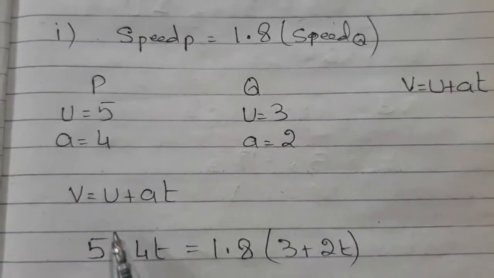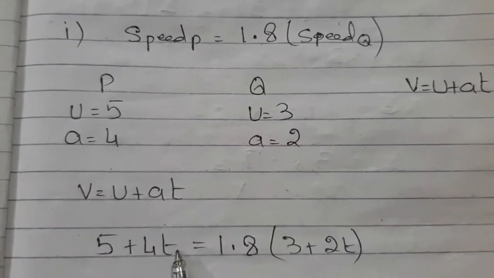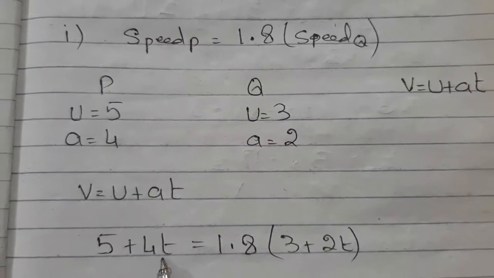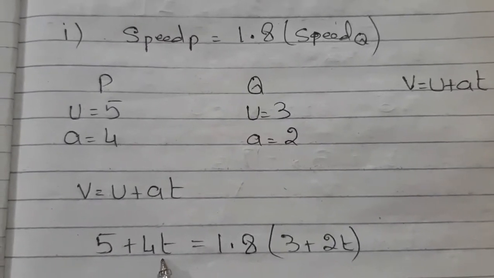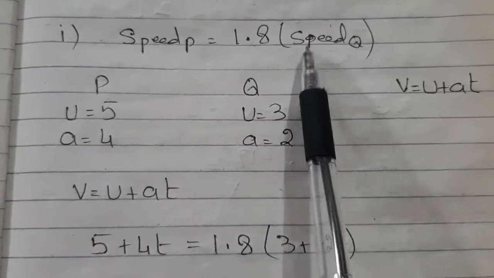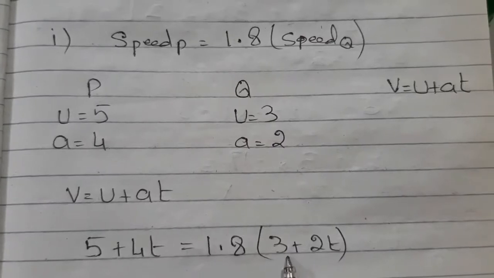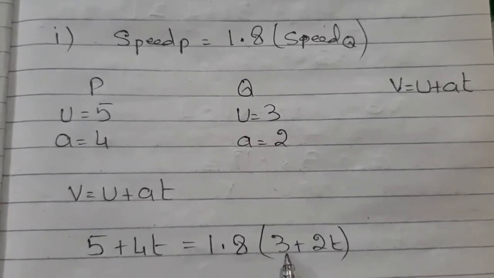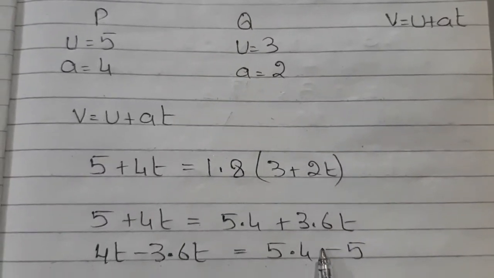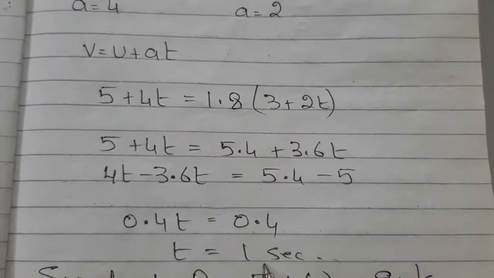For P, my u is 5, a is 4, and t I have to find out, because that t will help me find the speed of P. First of all, using the relationship given in the question, I am putting the values here. Velocity of Q is u plus at. When I solve it, I get the value of t, which is 1 second.